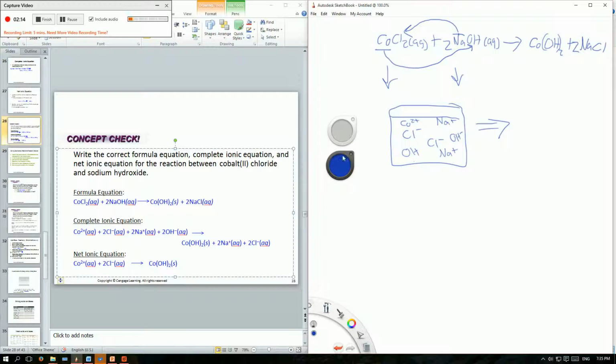So in our reactants, our complete ionic equation is going to consist of exactly that.